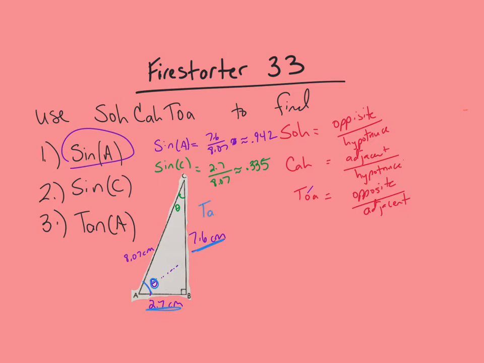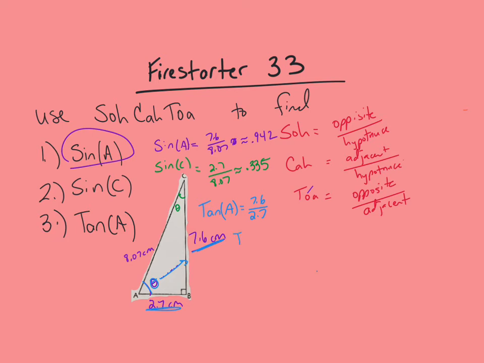So my tangent, remember it's A. That means A is telling me where to look. So I do opposite over adjacent. So it's going to be 7.6 all over 2.7. Alright, I'm going to put that in my calculator. So 7.6 divided by 2.7, I end up with 2.81.